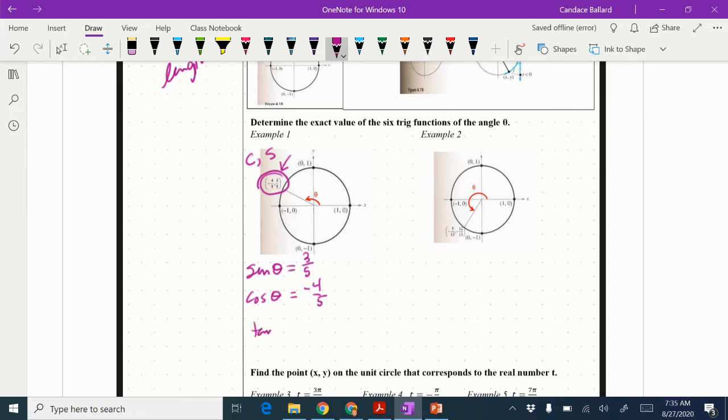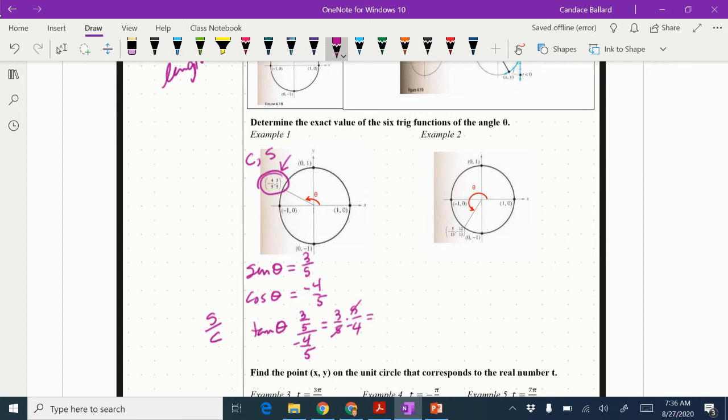And then we talked yesterday about tangent, how tangent is the sine divided by the cosine. So that's exactly what I'm going to do. I'm going to put the sine over the cosine. We're going to do a shortcut in a second, but I'm going to show you the long way first. Remember, when we have a complex fraction like that, we switch it to multiplication and flip the reciprocal.